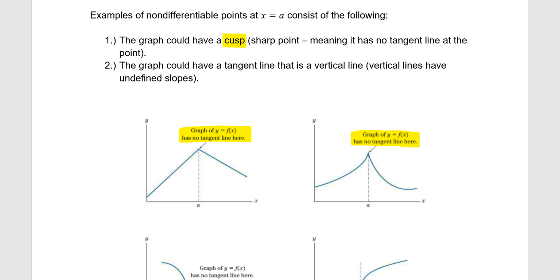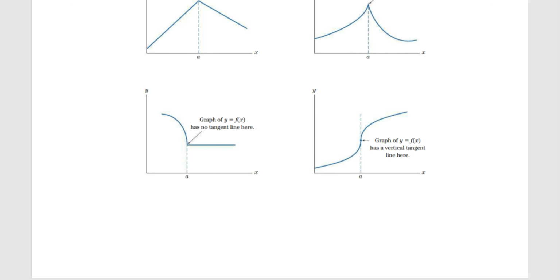The next one is that the graph could have a tangent line that is a vertical line. We know that that's going to be non-differentiable because vertical lines have undefined slopes. In these last two examples, the one on the bottom left looks like a cusp also.